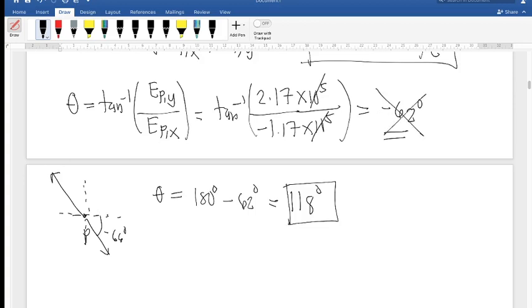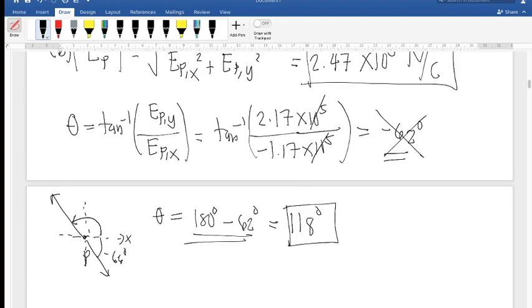Okay, because we have to start from the positive x-axis, then go towards this. As you can see here, they are forming a straight line, so they are equal to 180 degrees. To find this angle, we just have to subtract the 62 degrees from 180.